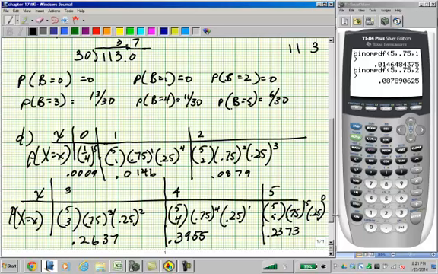Now 3 is 0.2637. My experimental probability is 13 out of 30, which is certainly bigger than 0.26; it's greater than a third, so it's quite a bit bigger.